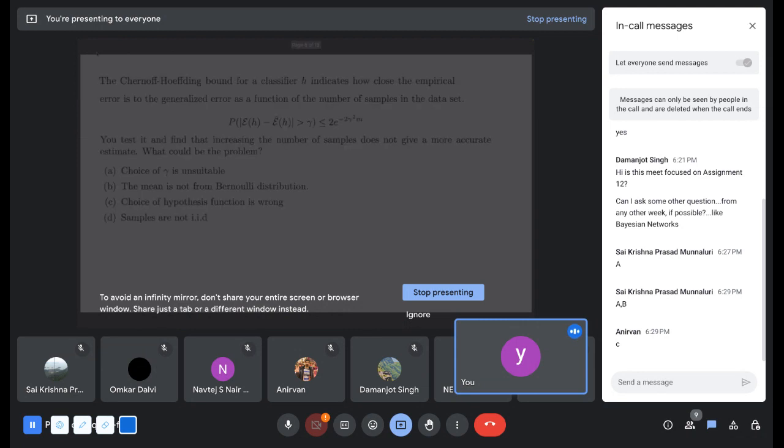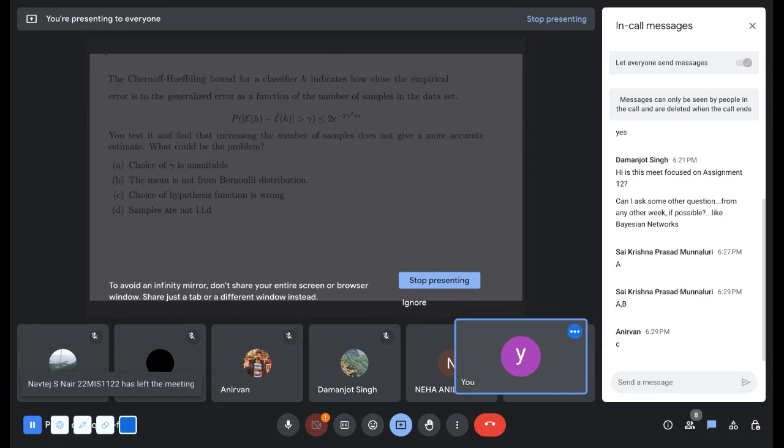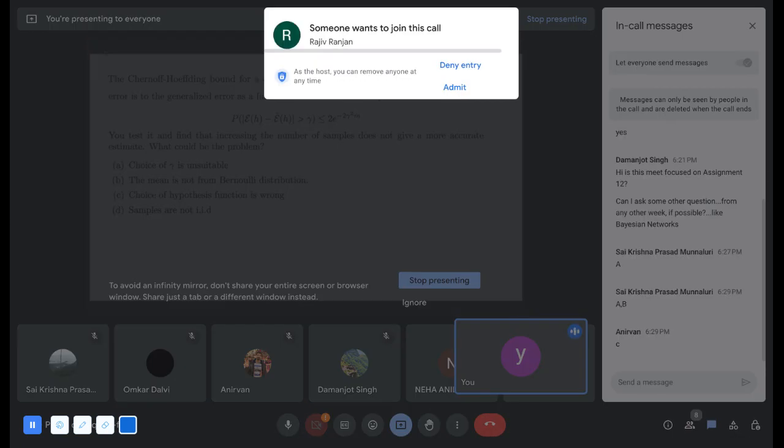Next question. The upper bound for a classifier H indicates how close, right? So E of H here is the true error in the underlying distribution, and epsilon h is your training error, or sample error. What this is showing is how far you can be from your true error.